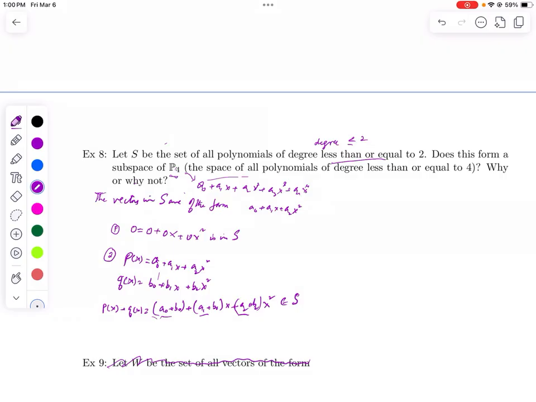Now if we have a constant or scalar, this is the third property for scalar, m p(x) is going to be m a0 plus m a1 x plus m a2 x squared, which is also going to belong to S. Hence, S is a subspace of P4.